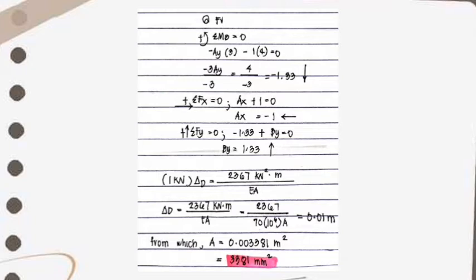So it is equal to 2,367 over EA, which is 70 times 10 to the power of 6 A. So the answer is equal to 0.01 m, from which A is equal to 0.003381 m squared. We convert this to millimeters and we can get the answer that 3,381 millimeters squared.